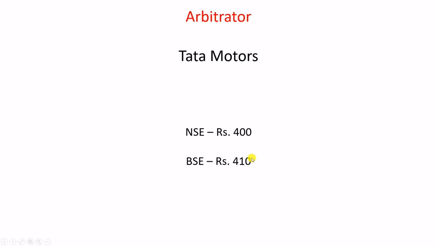Imagine you buy 1000 kgs of apple at 400 rupees and sell those at 410 rupees in a mall. How much money can you make? Can you imagine? That is what an arbitrator does. He buys from one stock exchange where the price is low and then simultaneously sells it in another stock exchange where the price is high.